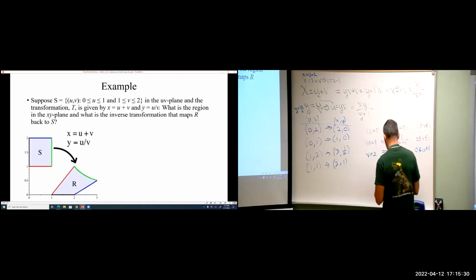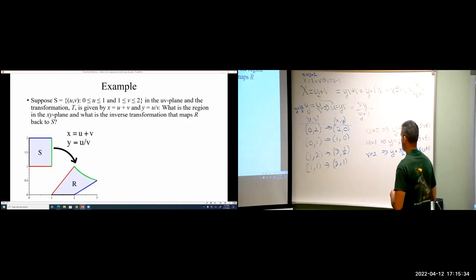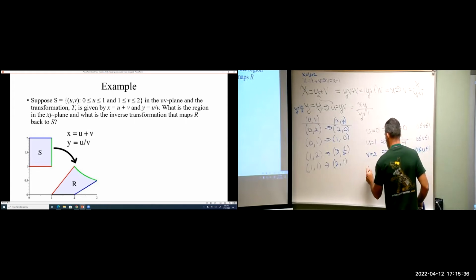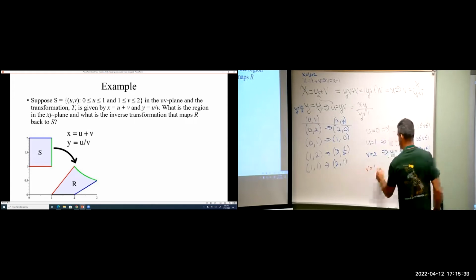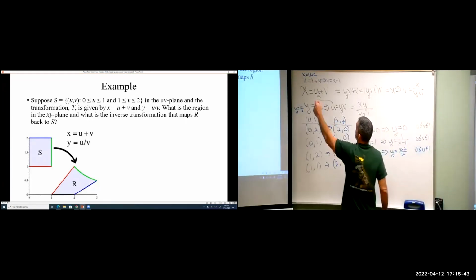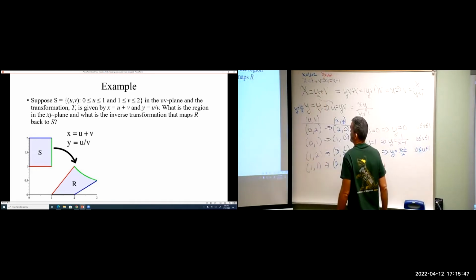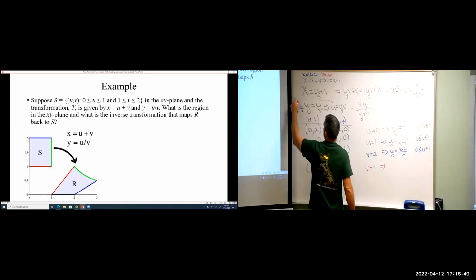Last one, just to make sure that they all match up. That one in red. In that case, v is equal to 1. We see that it's linear. It's going to be real similar to the one that we just did. x is going to equal u plus 1, and y is going to equal u over 1, or just u.